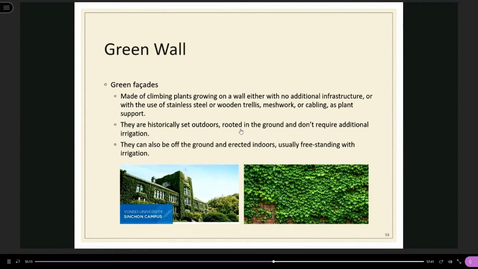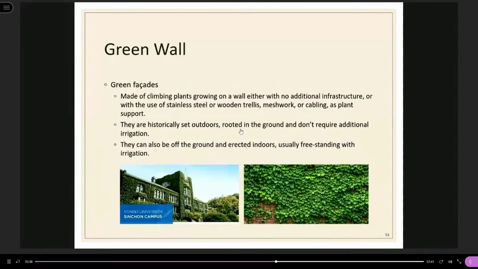These green facades are historically set outdoors, rooted in the ground. So the plants grow from the ground and then climb to the upper part of the facade.